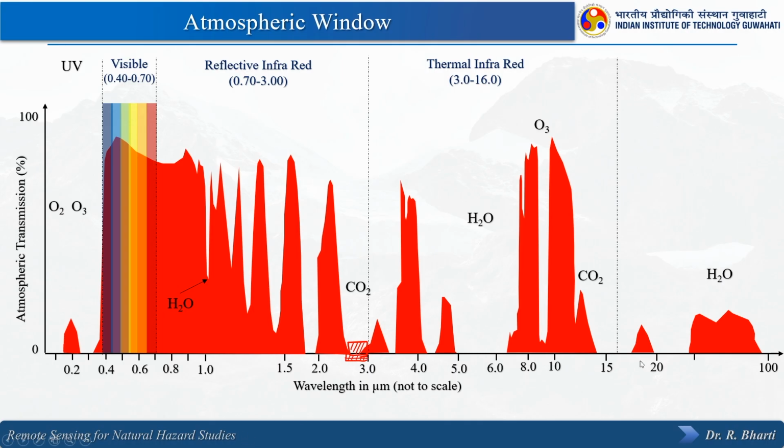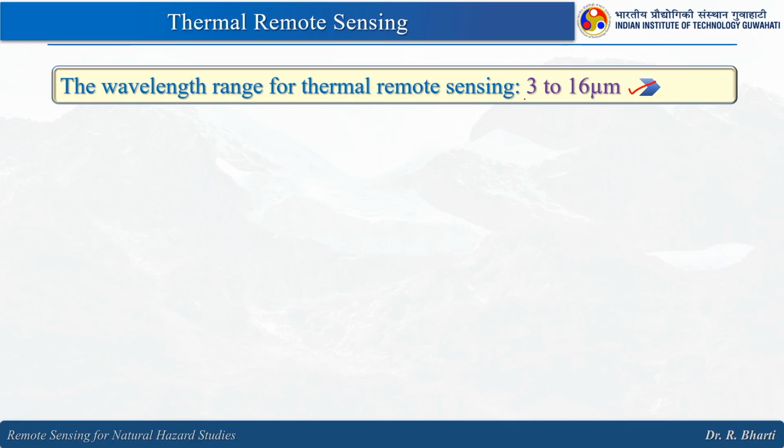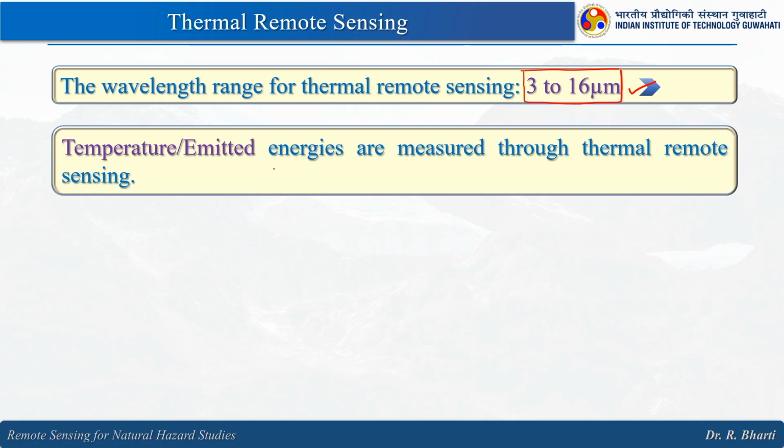So, it is very difficult to segregate these two information. So, we try to avoid this 2.5 to 3 micrometer, and in thermal remote sensing we use only the 3 to 16 micrometer wavelength range. Temperature or emitted energies are measured through thermal remote sensing.